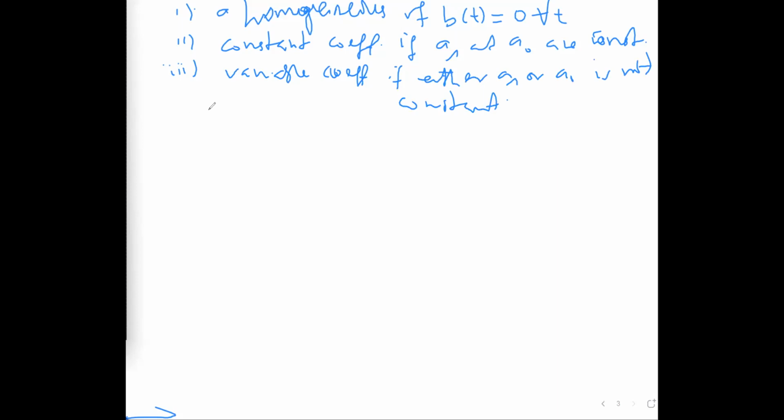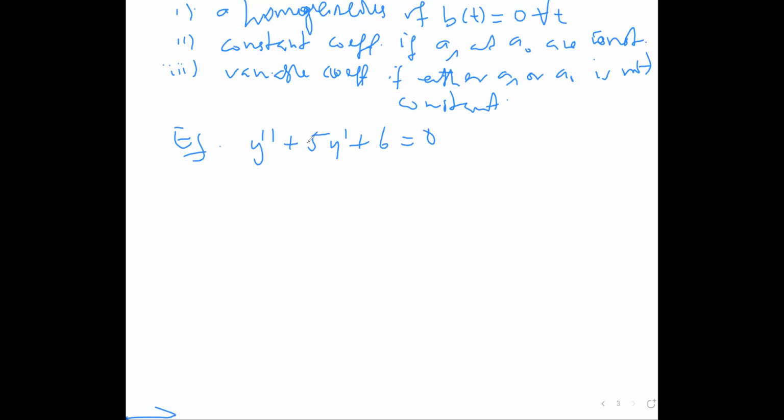Then next we take an example. If we take an example of a second order equation, we can write something like y'' plus 5y' plus 6y is equal to 0.